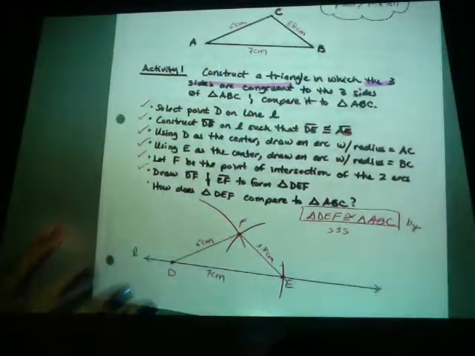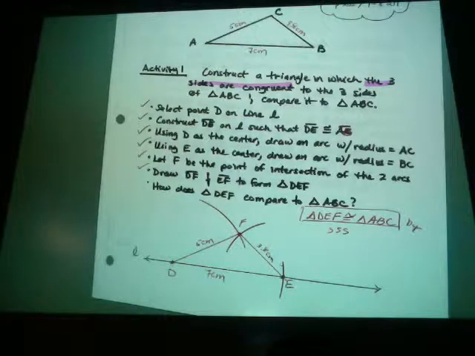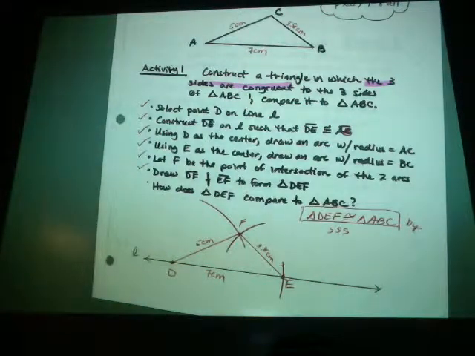And I will explain next week what exactly SSS is. But we found the side lengths, all three sides on both triangles were congruent. So we cut down proving all 6 corresponding parts congruent to just 3.